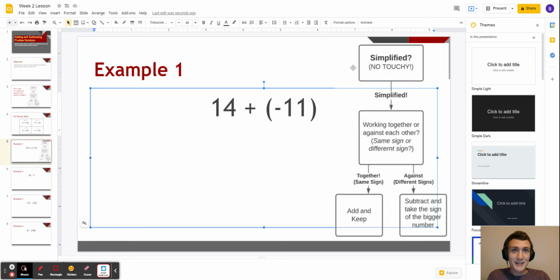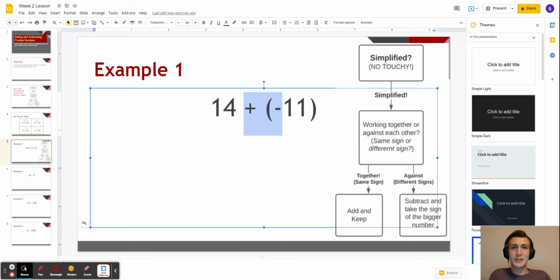If it's simplified, then we are all set. But I don't know if this is simplified. When I mean simplified, I mean are two of these signs touching? As you can see here, I don't care about this parenthesis. That plus and the minus are still touching in my book. So we cannot go further until that's done.